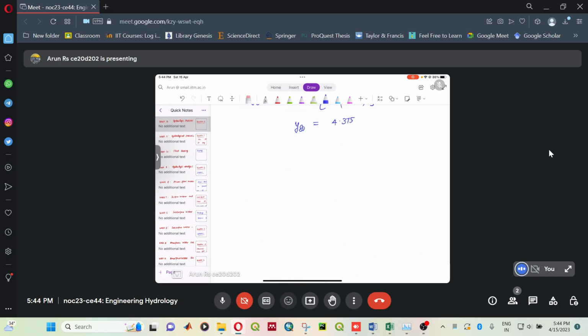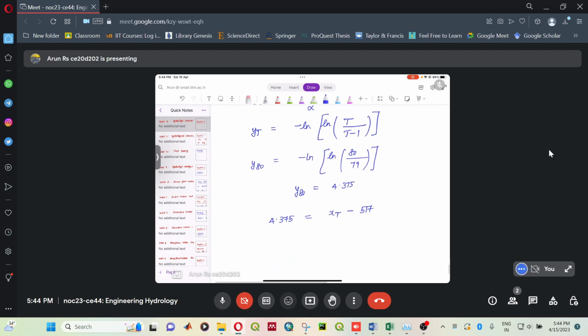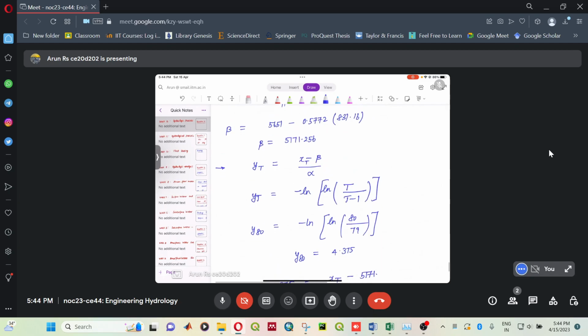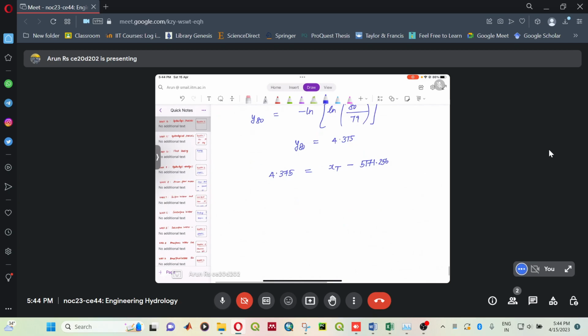Now once we have yt, we can find out x. So 4.375 is equal to xt minus beta, that is 5171.256, divided by alpha, which is 831.16.